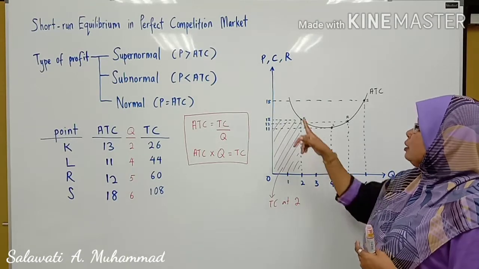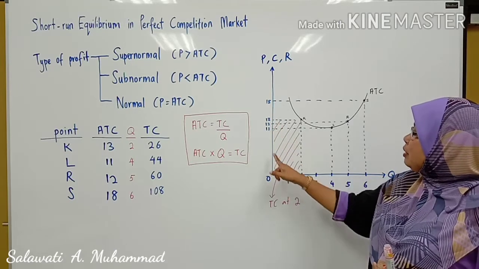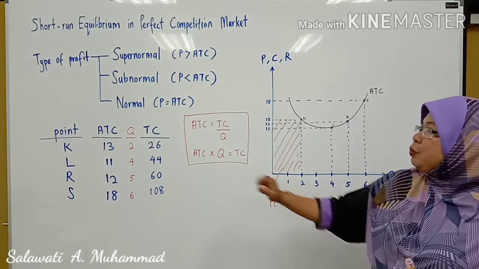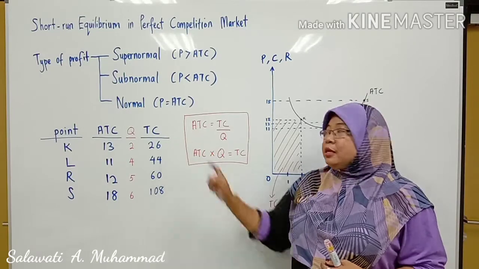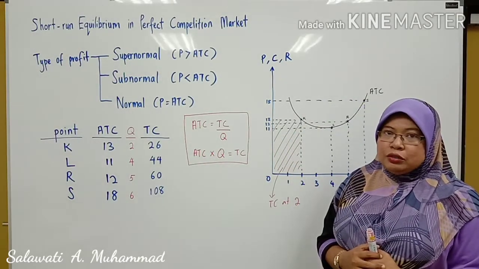How much is the amount of total cost? When we multiply 13 with 2, we get 26. So the area here is 26, which is total cost.